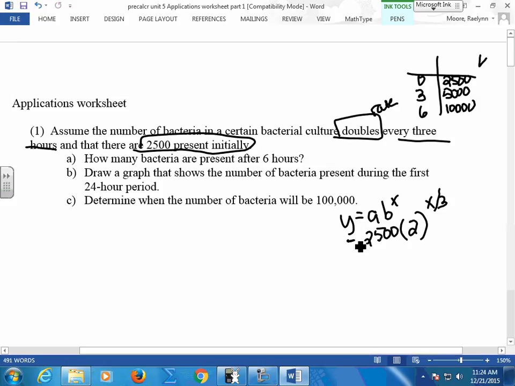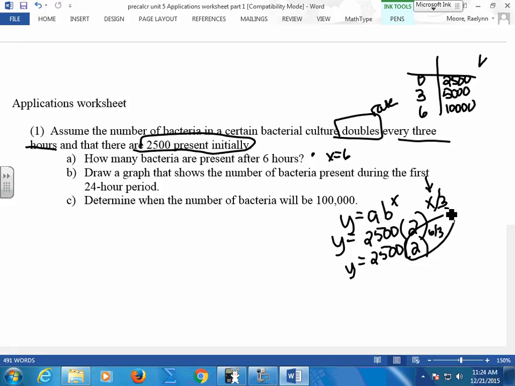So now I want to know how many will be present after 6 hours. Well, hours is here. Hours is my time. All I have to do is substitute in 6. Now remember, the 2 gets the exponent. You don't multiply 2,500 times 2 and then raise it.